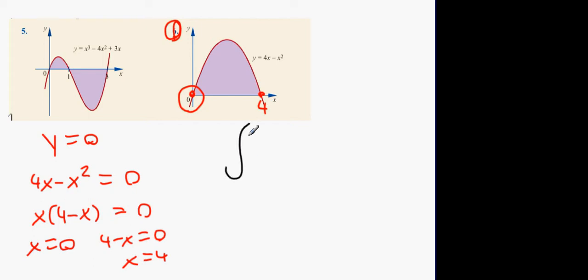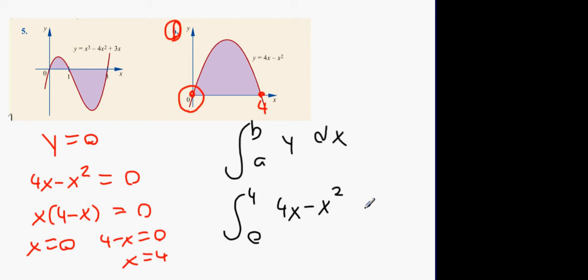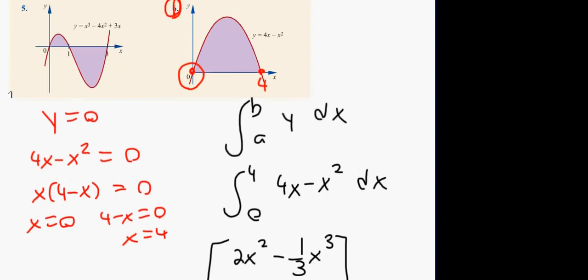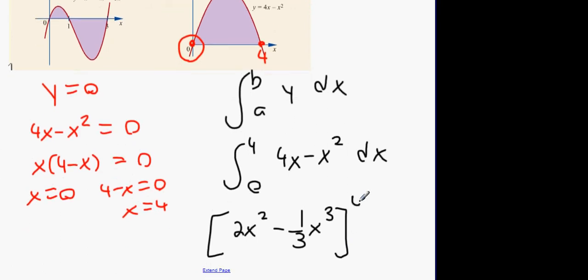Then you're going to integrate y dx from 4 to 0, 4x minus x squared dx. When you integrate this, we get 2x squared, because when you differentiate 2x squared you get 4x, minus a third x cubed, and then we integrate from 4 to 0.